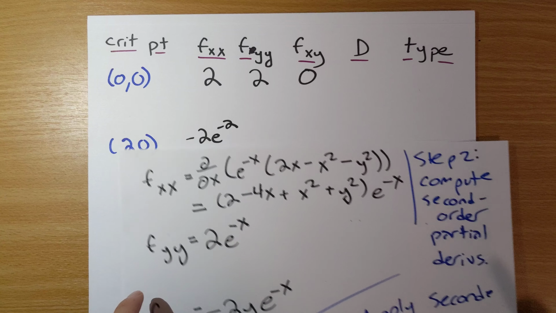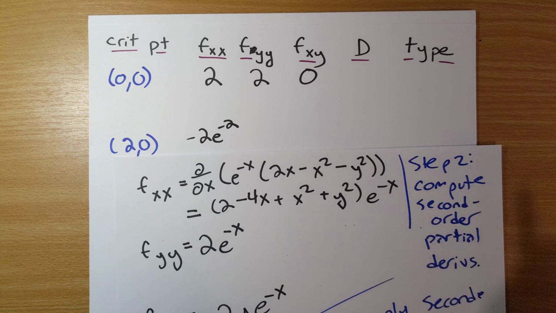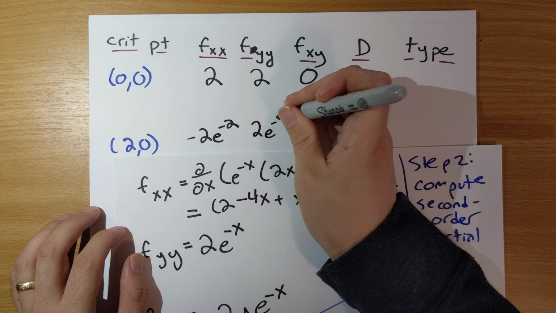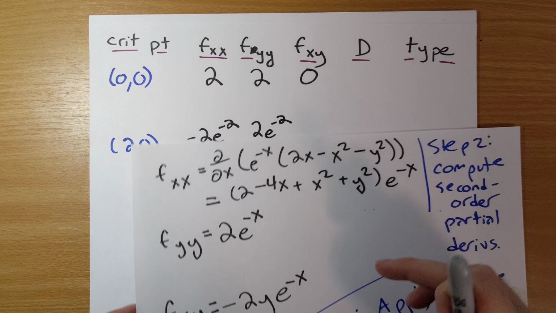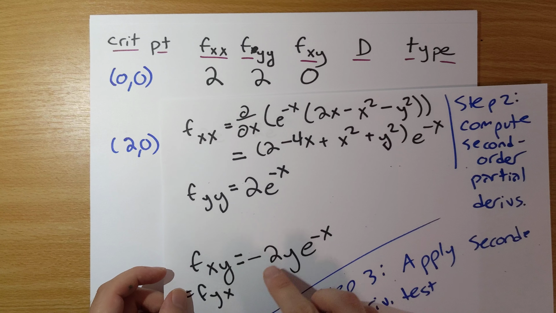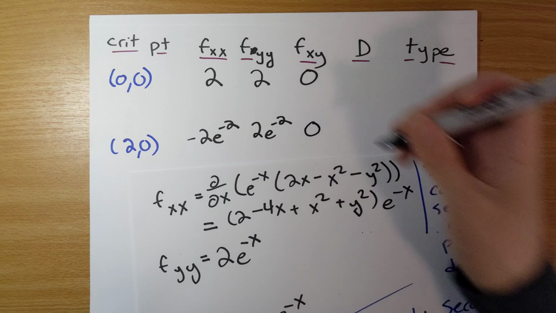We plug that into fyy, we get 2e to the negative 2. And then when we plug into fxy, negative 2 times 0, e to the negative 2 is 0.